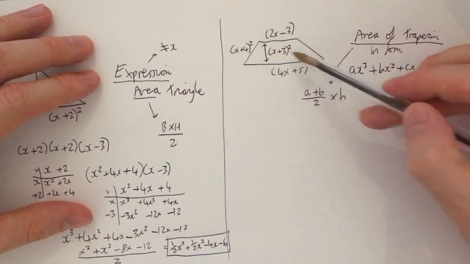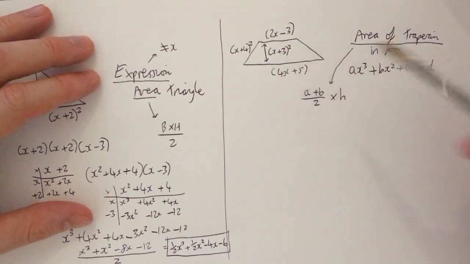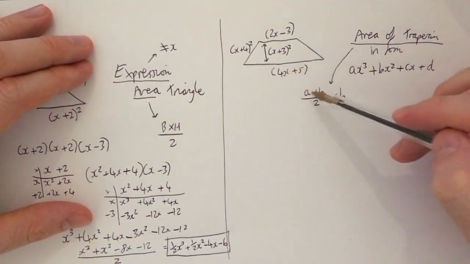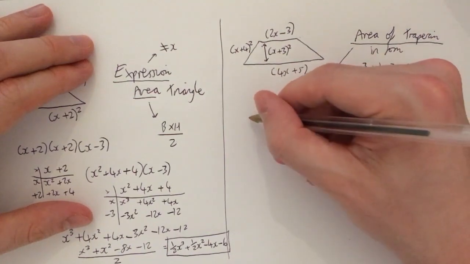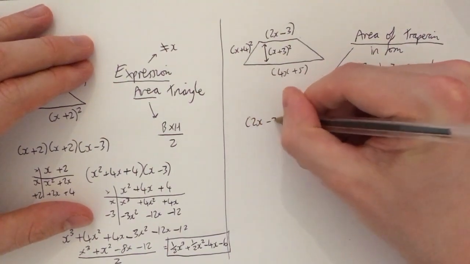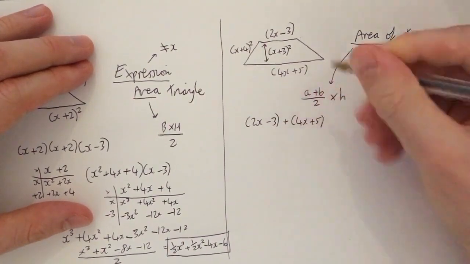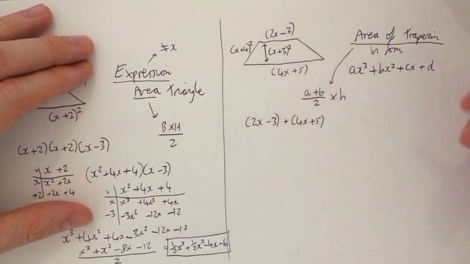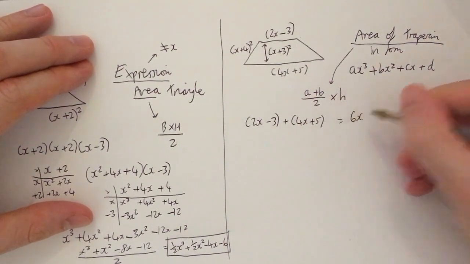The irrelevant bit of information here doesn't help us at all to find the area of a trapezium. So let's just quickly do that now. a + b, so I'm going to add them together: 2x - 3, add 4x + 5. Don't do anything silly here by trying to expand the brackets. We're adding them. So 2x + 4x is 6x.